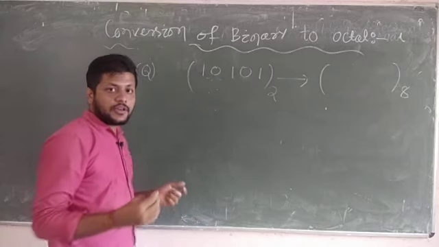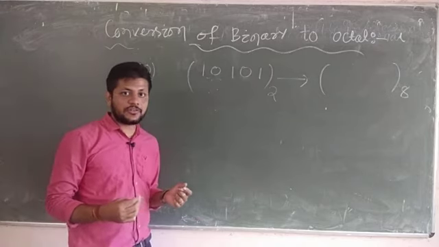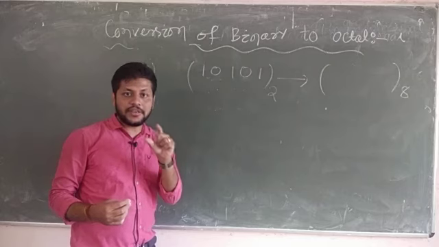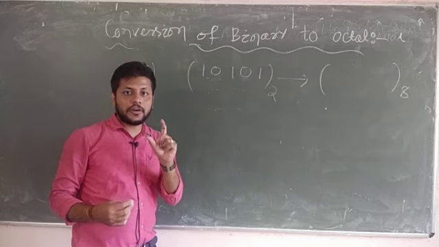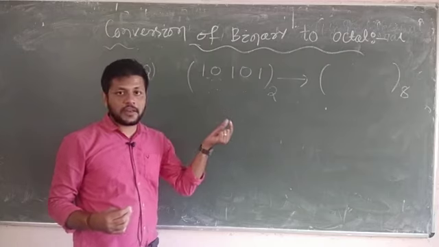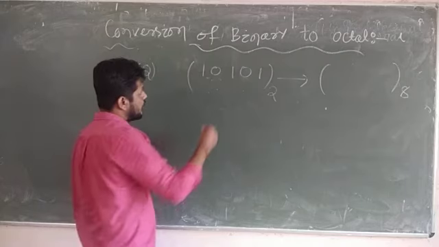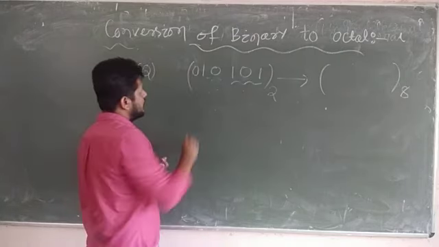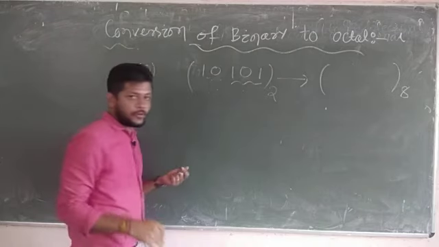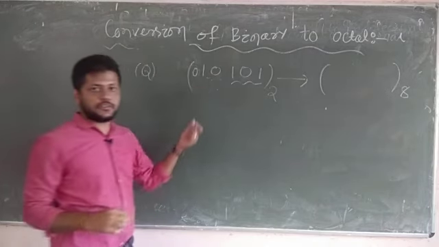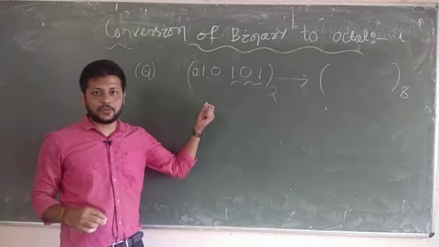The procedure is, just remember, from right to left you need to club 3 bits and write the corresponding decimal number. Here the question has 5 bits, so I can write a 0 on the left because a 0 in the leftmost position has no significance.